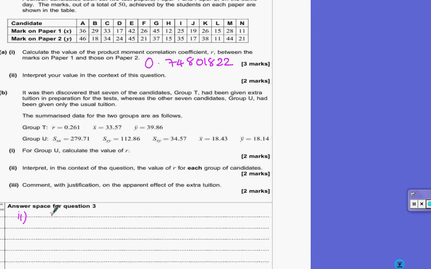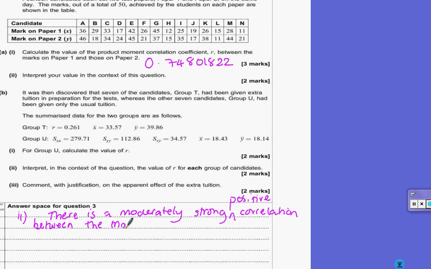So there is a moderately strong correlation between, and this is where you get the next mark in context, moderately strong positive correlation between the mark on paper 1 and the mark on paper 2.